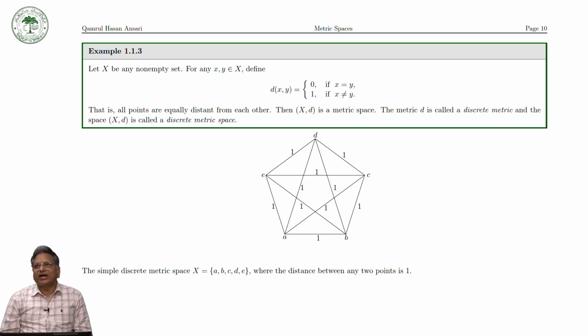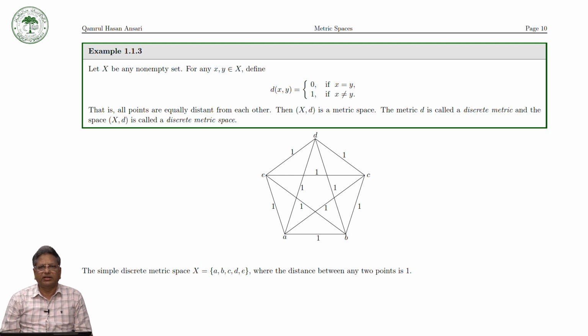Now, in the last lecture we have seen that we can define the distance function or the metric d on the set of all real numbers by d(x,y) equal to mod of x minus y, and in the same way we can define the function d on the set of all complex numbers, d(x,y) equal to mod of x minus y.